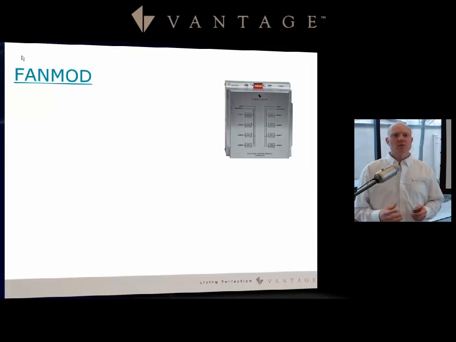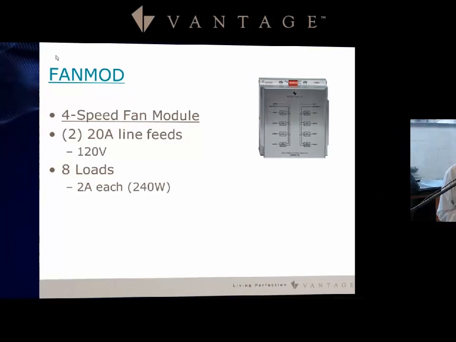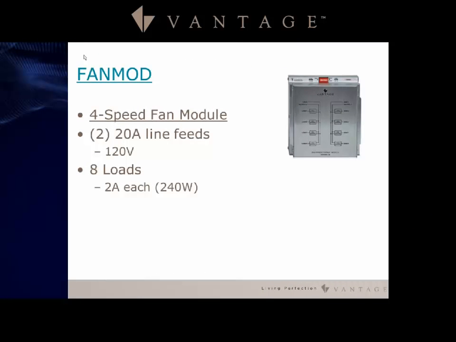So the last module that I want to talk about is the fan mod. This is a 4-speed fan module. It has 2 20 amp line feeds in, and this is for 120 volt systems. This has 8 loads, up to 2 amps each load, and this is designed for ceiling fans only.